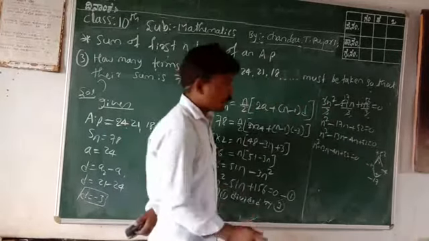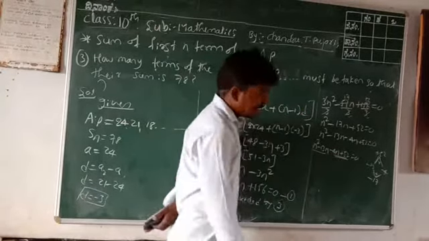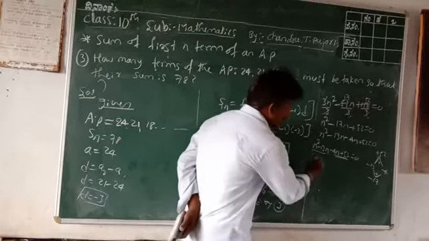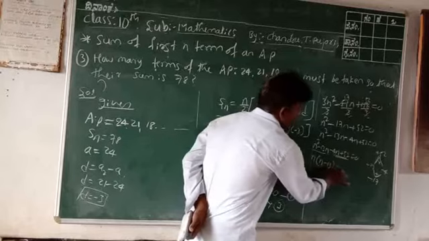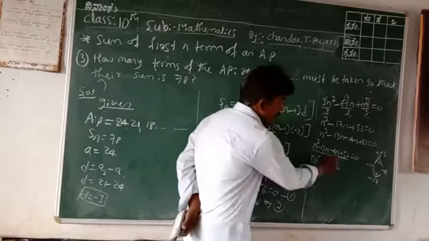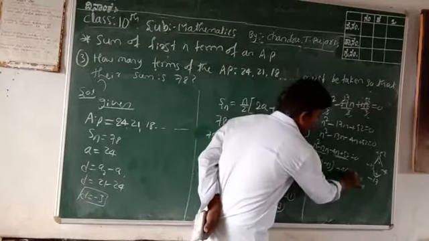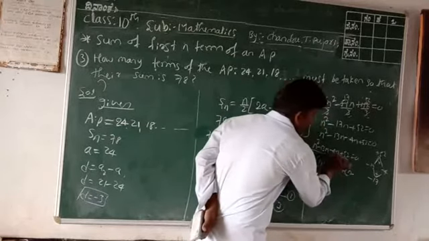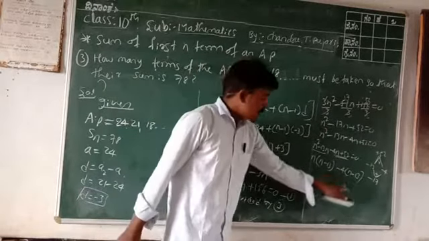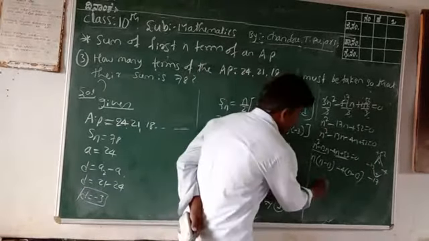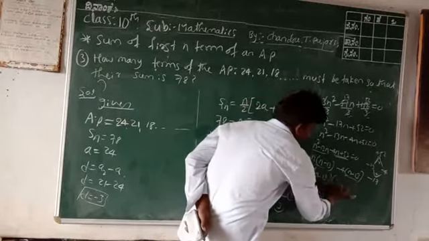Consider grouping: the first two terms are one group, the second two terms are one group. In the first group, n is common, take n outside: n into n minus 13. In the second group, minus 4 is common: minus 4 into n minus 13. Again, n minus 13 is common, so take it outside: n minus 13 into n minus 4.